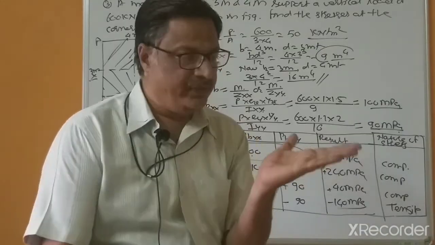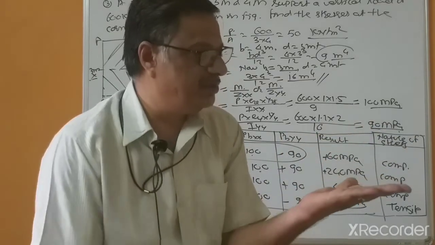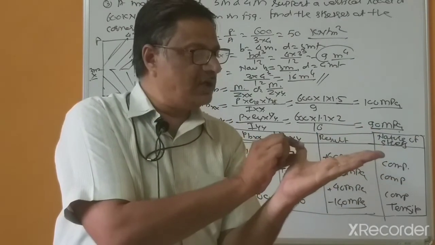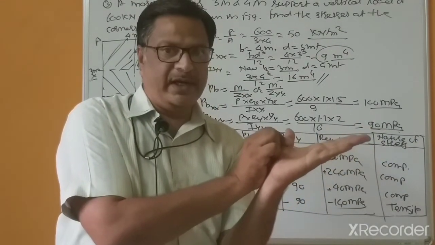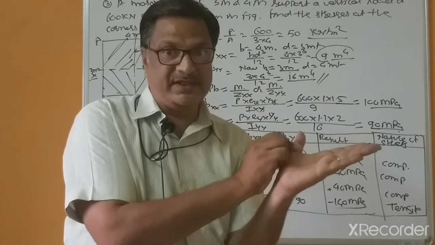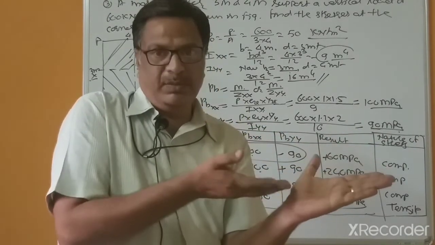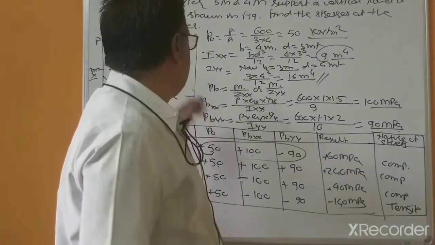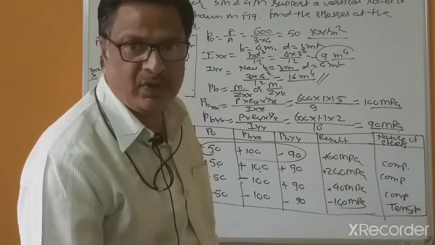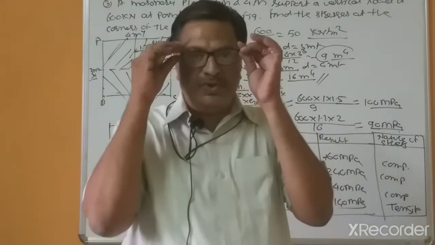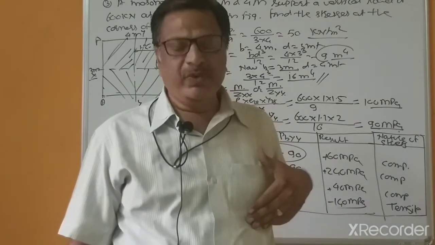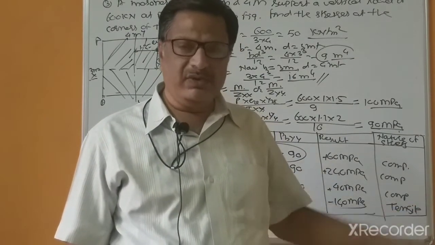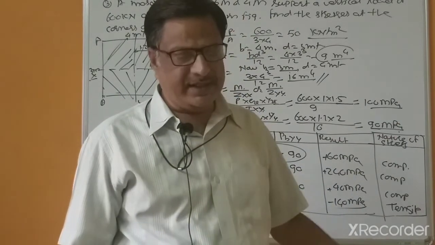Suppose this is a column, then at D corner this column may lift slightly upwards because of the tension. So the load should be applied such that the stresses at each corner are actually uniform. How to manage that, we'll see in the next classes.